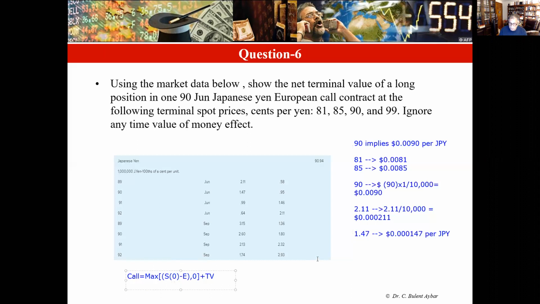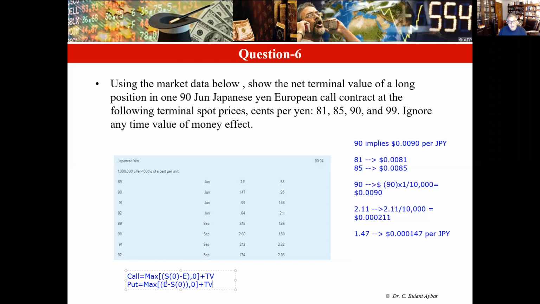In contrast, for the put option, the picture is slightly different. In the case of a put option, the intrinsic value is the exercise price minus the spot price at that particular time, or 0, plus, of course, a time value.